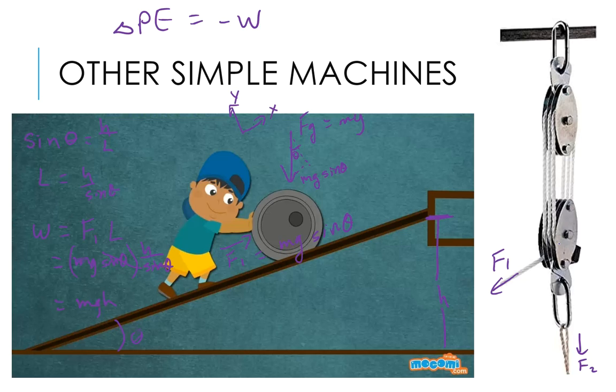So if I look at this lower pulley, this upper pulley is fixed, so it's not part of what's moving. This lower one is. So if I look at this lower pulley, what forces do I have on it? I have how many strings? 6. I have 6 going up. So I have 6 upward forces, all tension, so those add up to 6 times the tension.